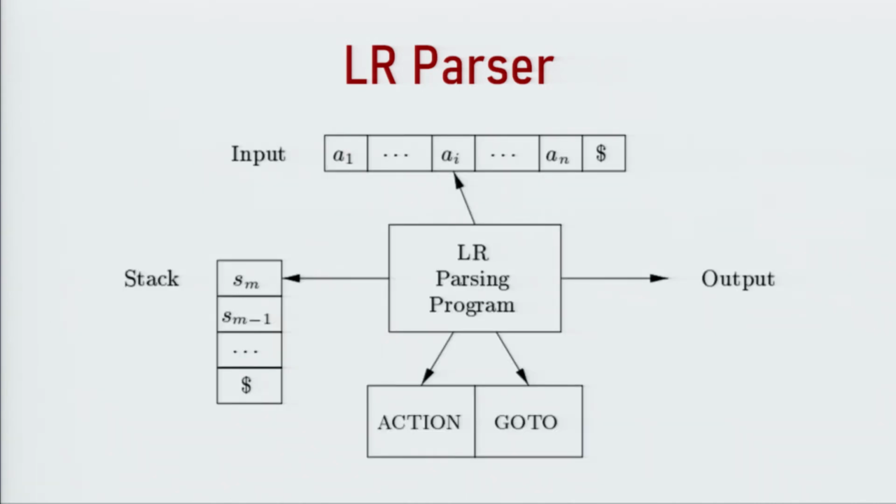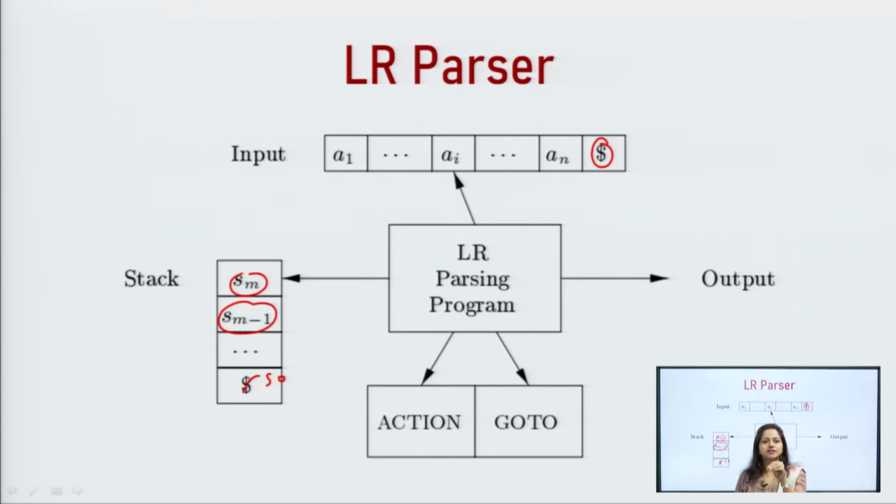Now, the broad structure for the LR parser: it takes the input string a1, ai, an and dollar. This is the end of the string marker. Next is the stack that has the state symbols: Sm, Sm minus 1, down to S0. S0 represents the bottom of the stack marker. These states represent some grammar symbol, so rather than pushing grammar symbols onto the stack, we are pushing the state number.